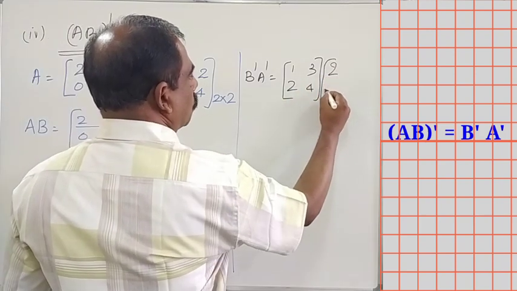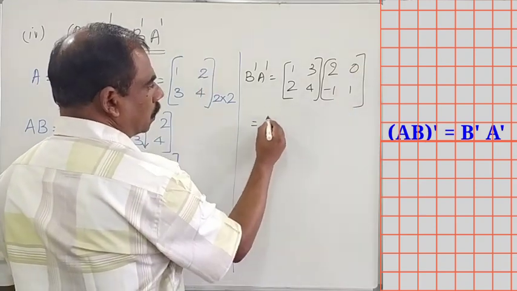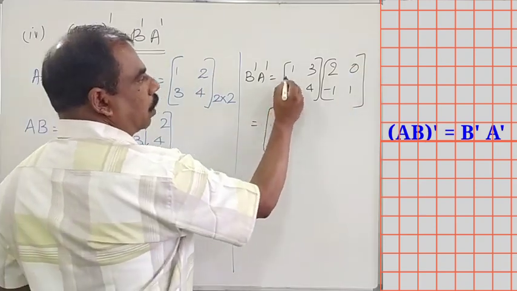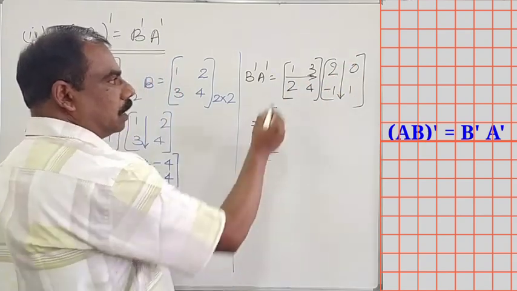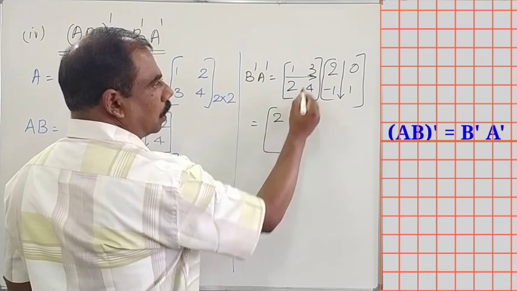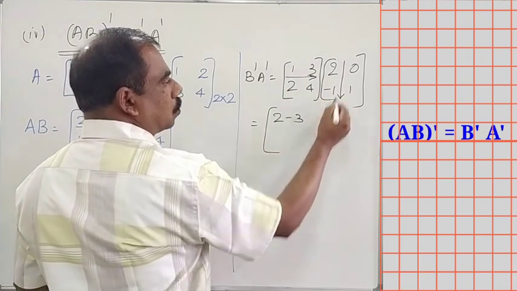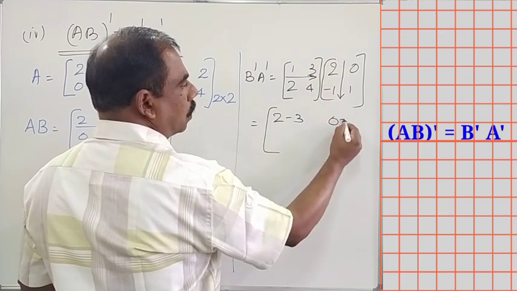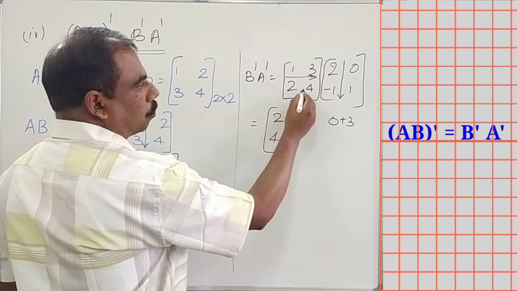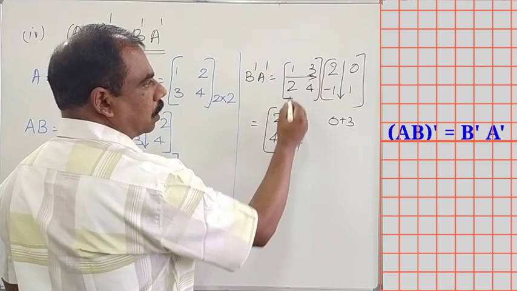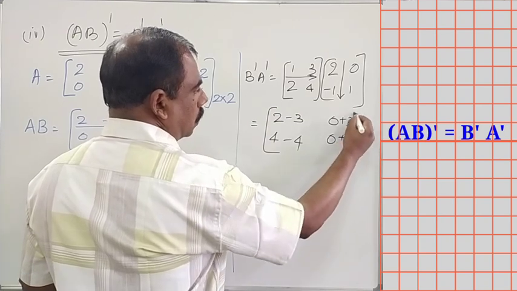We write the product: 1 into 2, that is 2, 3 into minus 1, that is minus 3, 1 into 0, 0, 3 into 1, plus 3, 2 into 2, that is 4, 4 into minus 1 is minus 4, 2 into 0 is 0, 4 into 1 is 4.